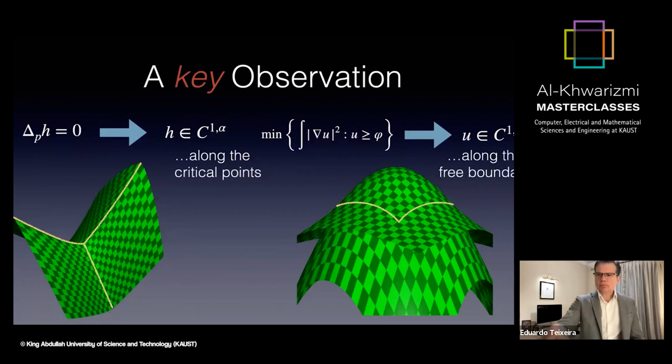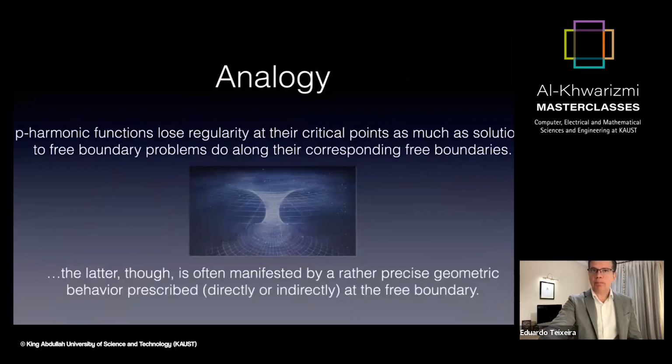The analogy that I'm trying to propose is that p-harmonic functions lose regularity at the critical points as much as solutions to the free boundary problem do along their corresponding free boundaries. However, and this is critical, for free boundary problems this is very well quantified by the geometric behavior of the solution at the free boundary.